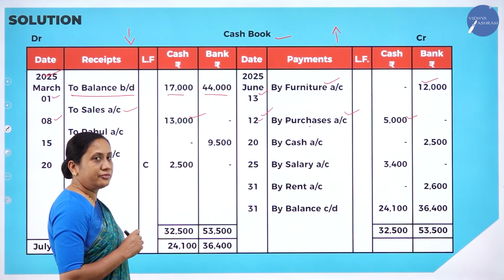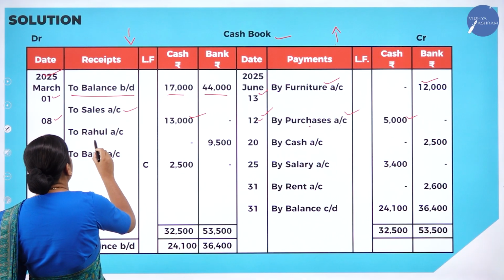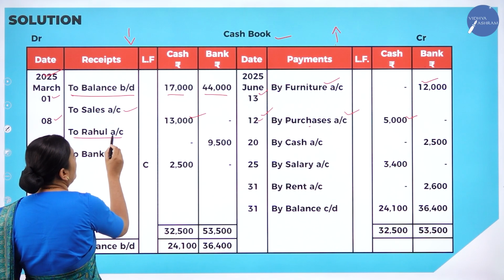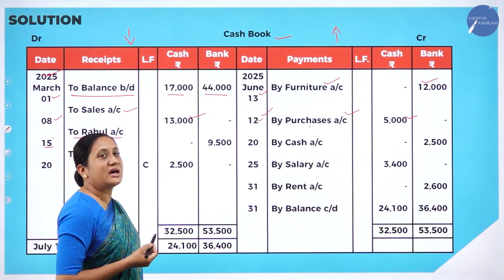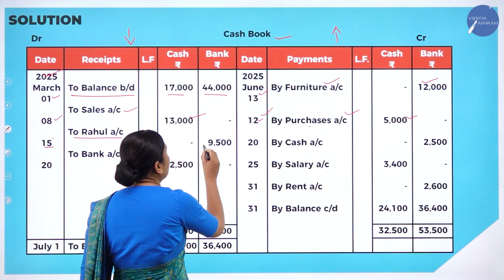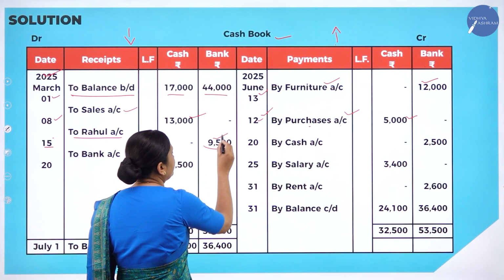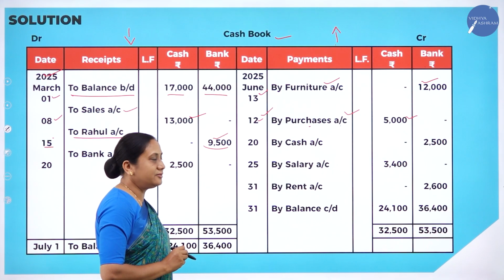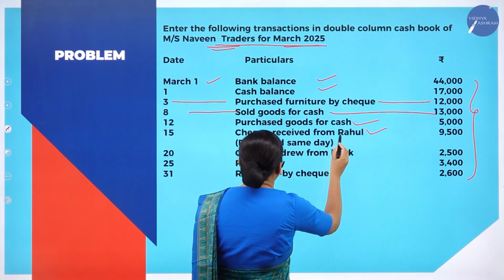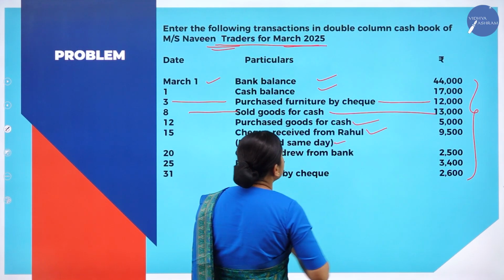There is an inflow of cash. So we will enter here, date 15, to Rahul account. How are we receiving? We are receiving through check. So when we are receiving through check, then we should enter in the bank column. We should write it as 9,500.